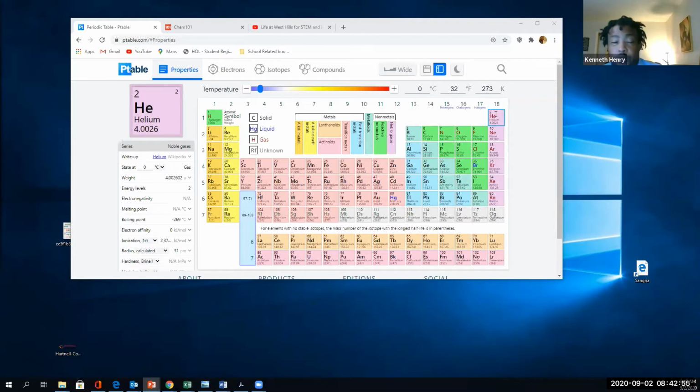We know that group 1 metals are always going to have what charge when they form ions? A +1 charge, positive. We know that group 17 non-metals are going to have what charge? A -1 charge. So they're straightforward, not complicated. These were called the main groups.